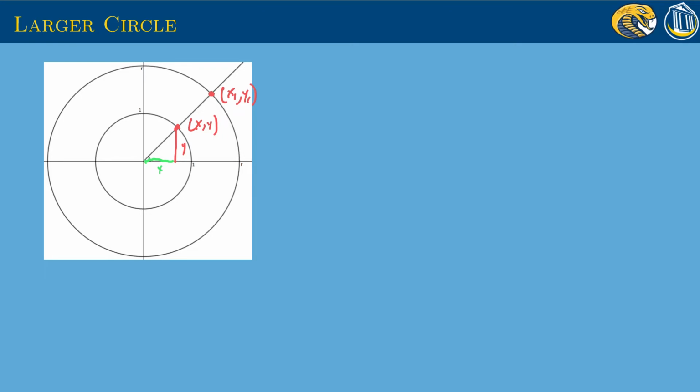And that for our larger circle, we still have a y coordinate with height y1, and we still have an x coordinate with width x1, and we can actually use this information in order to help us out.